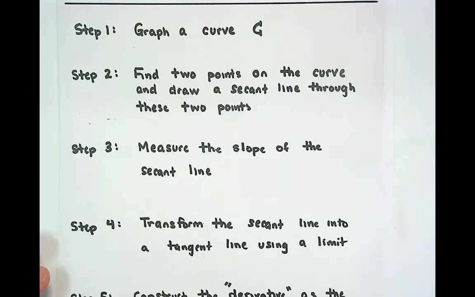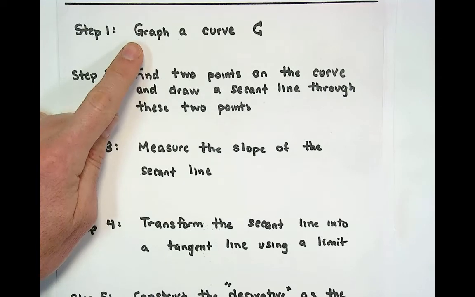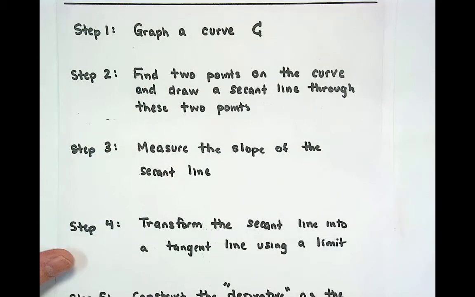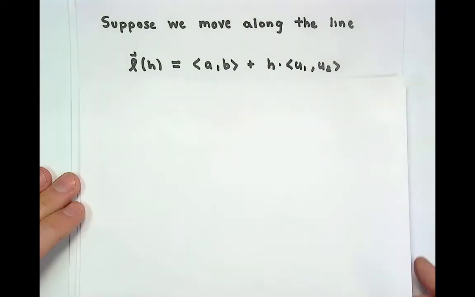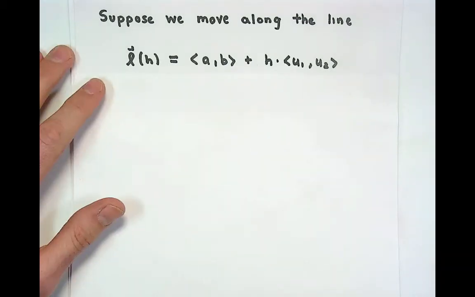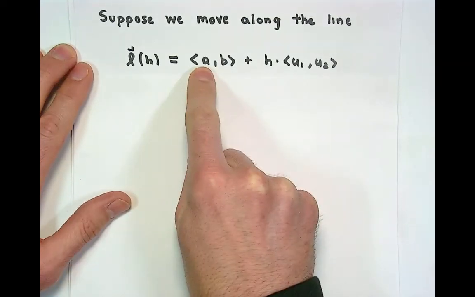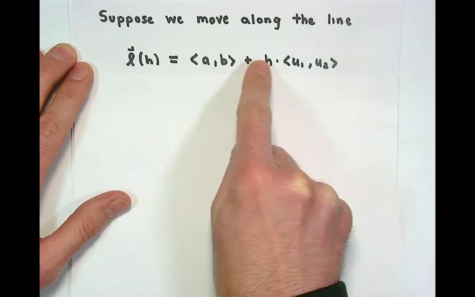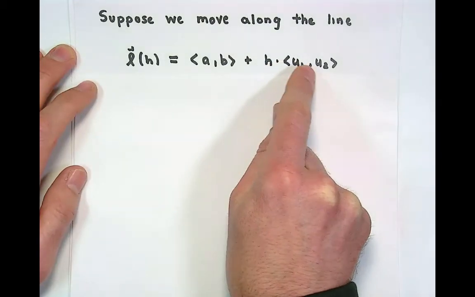To start with, we're going to think about how to construct a curve along a particular path. Remember that in the directional derivative, we don't want to move along the x direction or y direction. Instead, we want to go through the point (a, b), and we want to do it in the direction defined by vector (u1, u2).